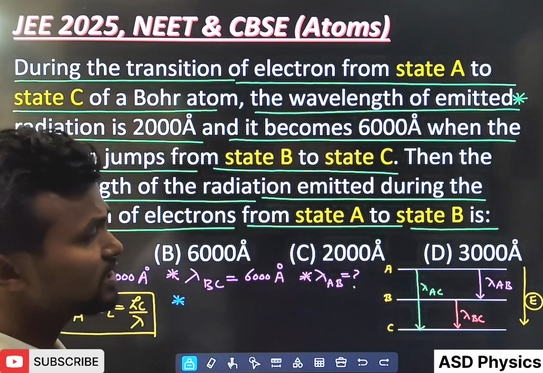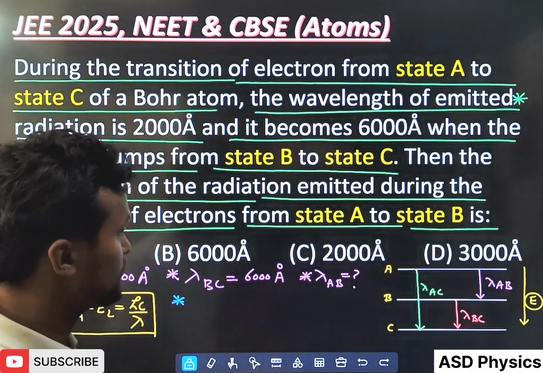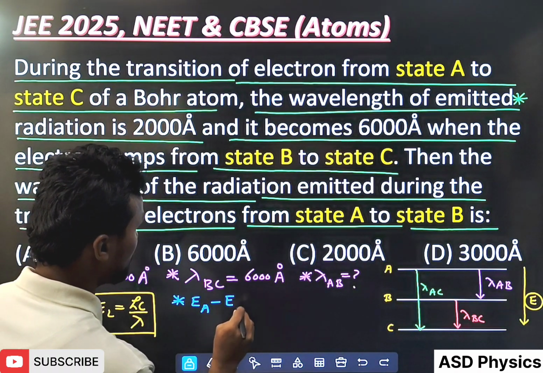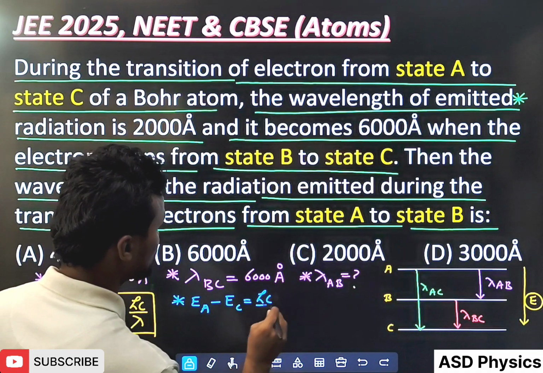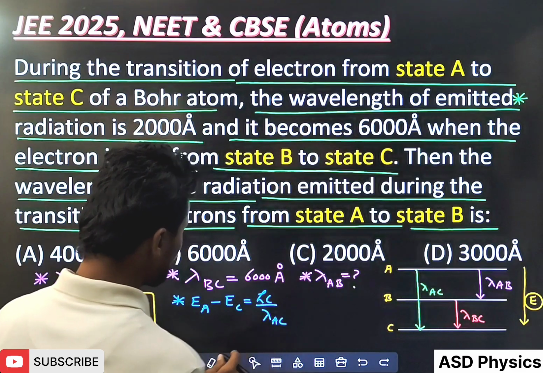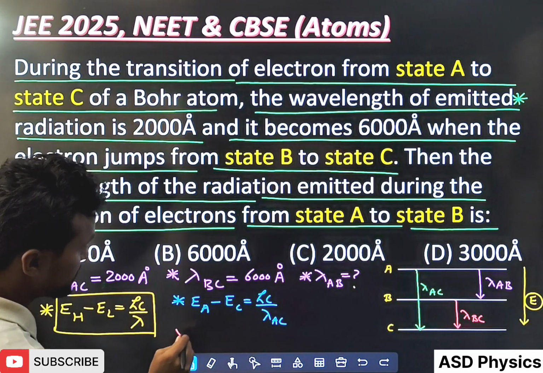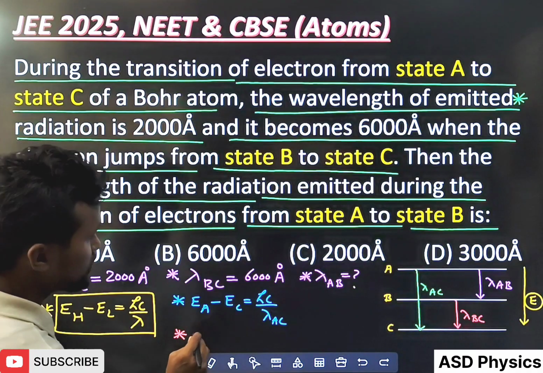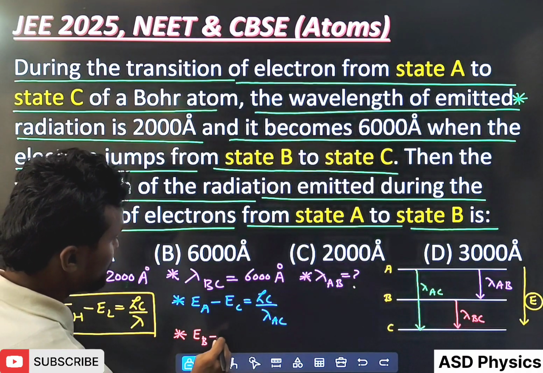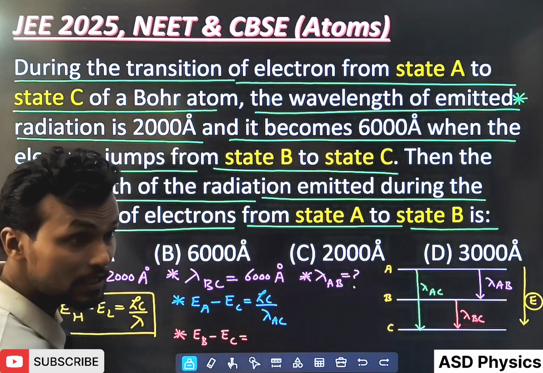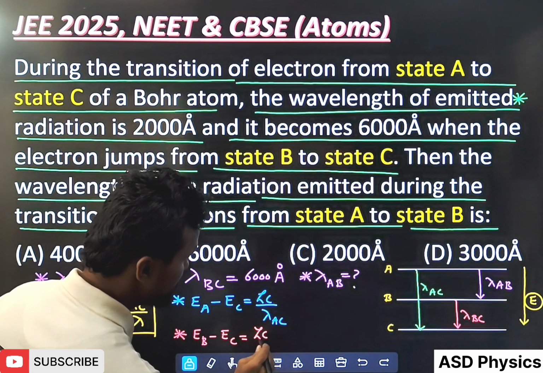The first equation, from A to C: A is at high energy, so EA minus EC is equal to hc by lambda AC. Similarly, for B to C: EB minus EC equals hc by lambda BC.